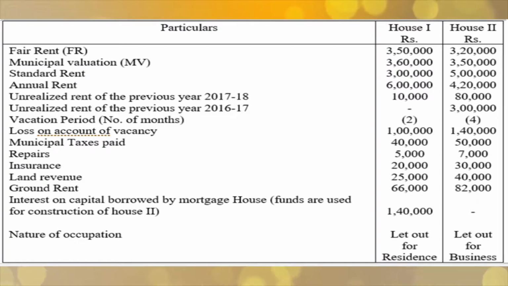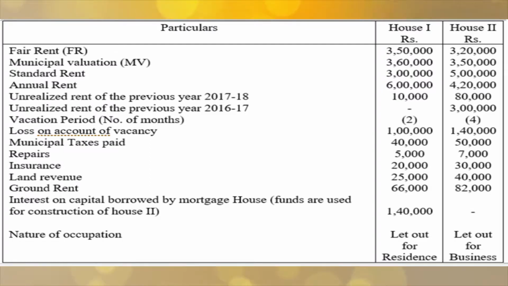Municipal taxes paid, then repairs, insurance, land revenue, ground rent, etc. Interest on borrowed capital by mortgaged house. So he has mortgaged house number 1 and interest on borrowed capital, the funds are used for construction of house number 2.